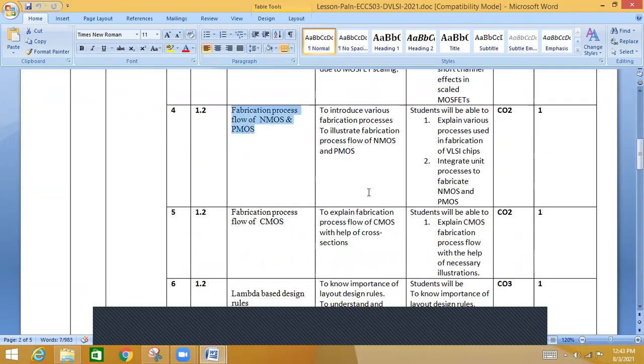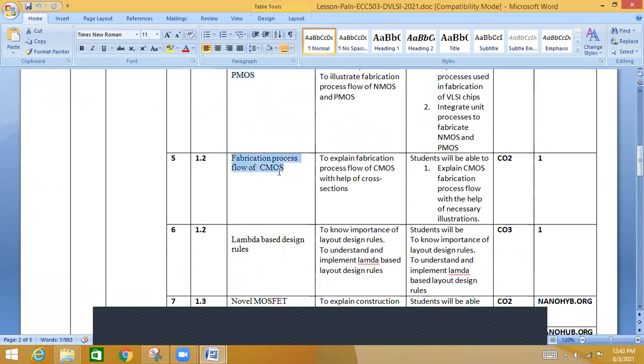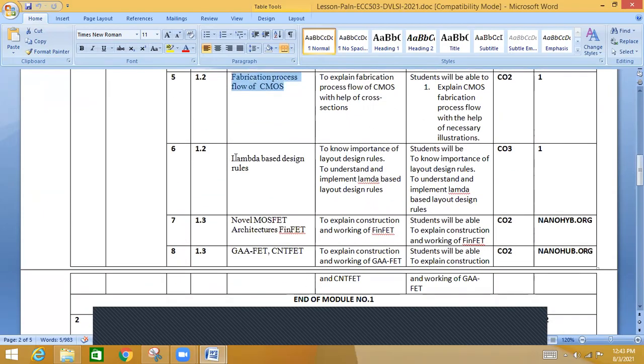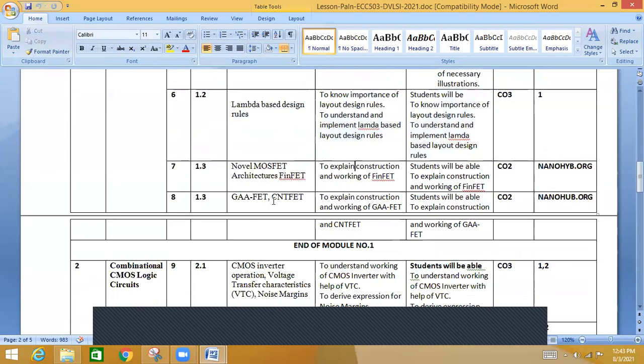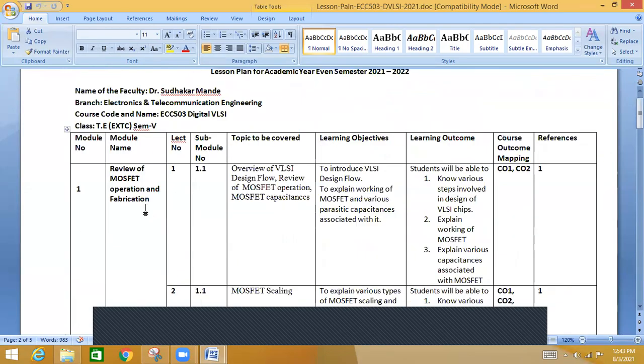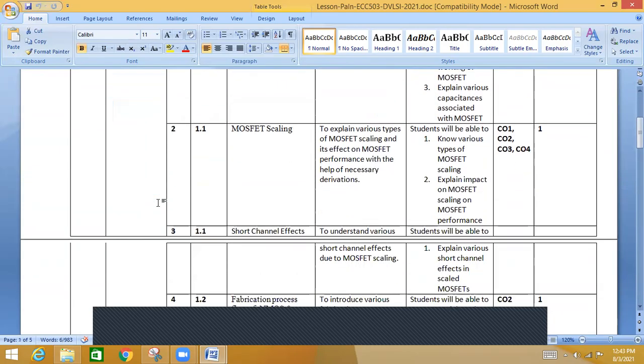In the fifth lecture, fabrication of CMOS. In the sixth lecture, we saw lambda rules, how to draw the MOSFET layout. In the seventh lecture, we saw FinFET architectures, explaining its working and construction. And today we have seen GAA FET and CNT FET. In this way, we have completed our first chapter, the review of MOSFET operation and fabrication.